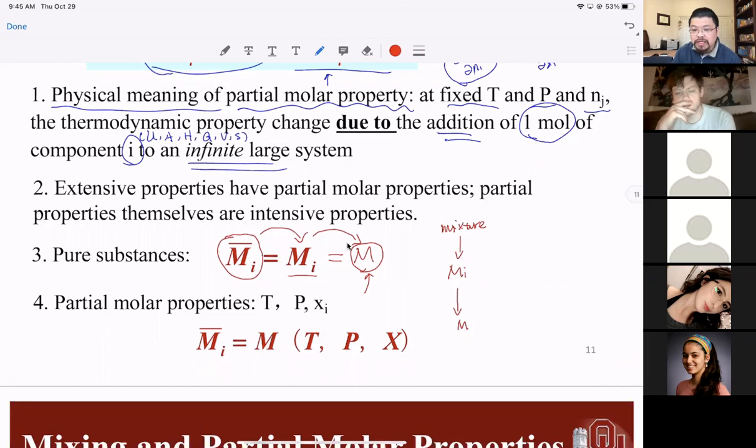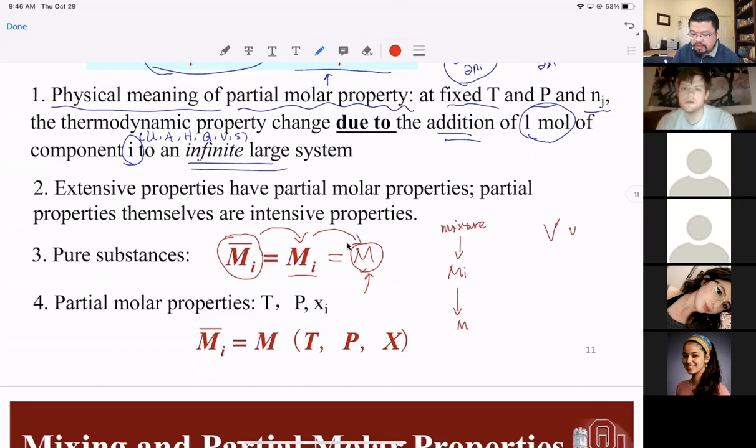Otherwise, you may take this also as the property of the mixture. For example, if I just write down volume V, you cannot tell whether this is the volume of the mixture or the volume of the pure component.